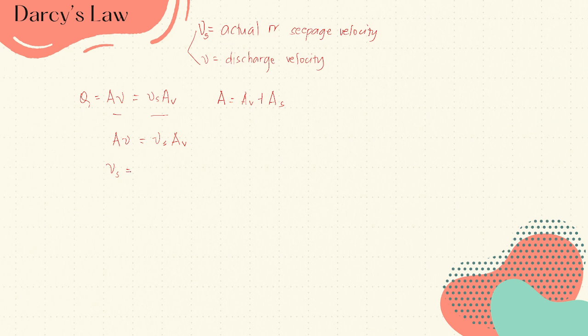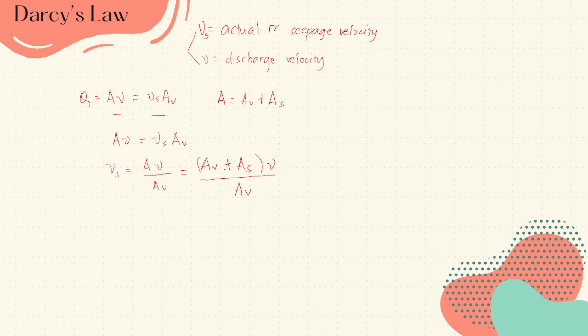So V sub S is equal to the gross area times the discharge velocity all over the area of voids. And we can further expound. The gross area is the area of voids plus the area of solids, times the discharge velocity, all over the area of voids.